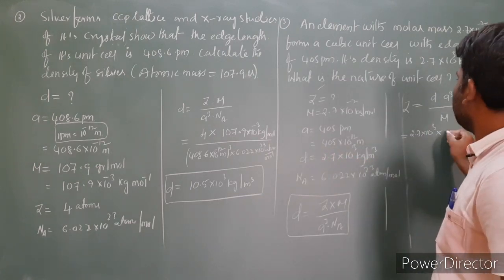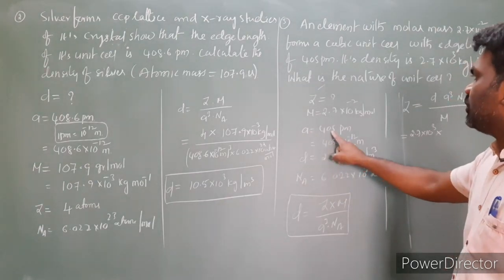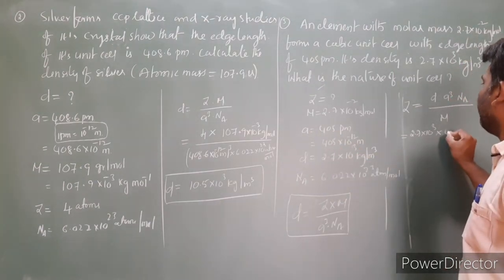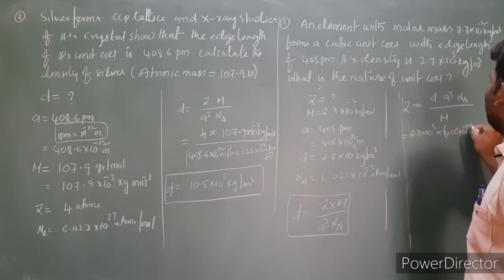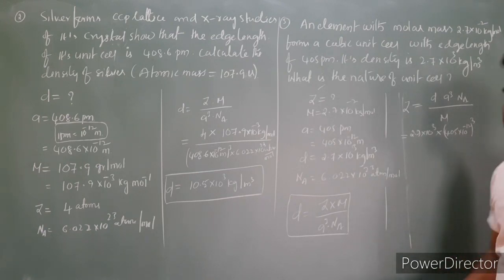Next, A cube. A is given as 405 picometer, that means 405 into 10 power minus 12 meters whole cube, into Avogadro number 6.022 into 10 power 23, isn't it?